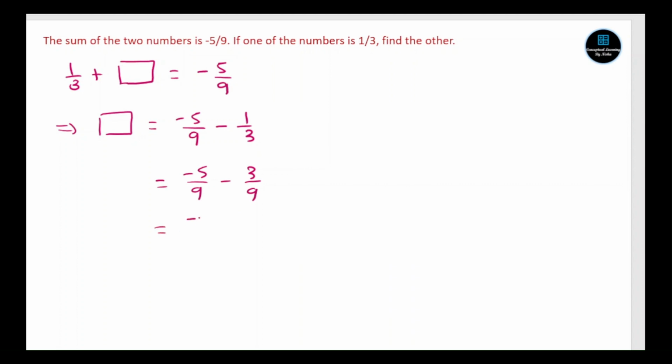And when I subtract, I'll get negative 8 over 9. Therefore, the other number is negative 8 over 9. Alright. Perfect.